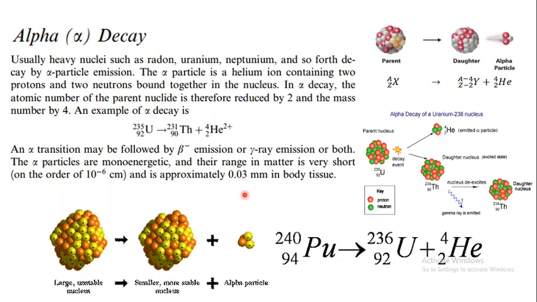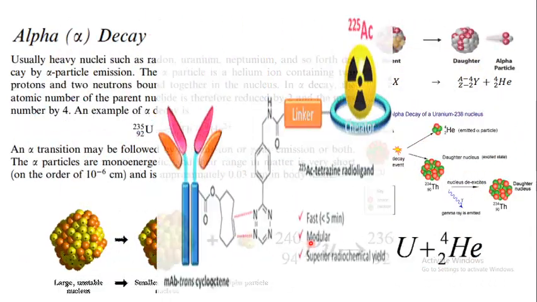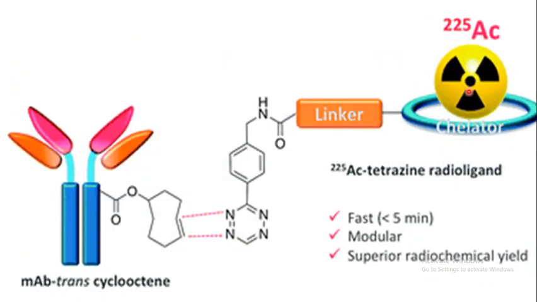So in recent days, scientists are labeling atoms which decay through alpha particles. They emit radiation, and these alpha emitter radionuclides are attached to some kind of biomolecule.